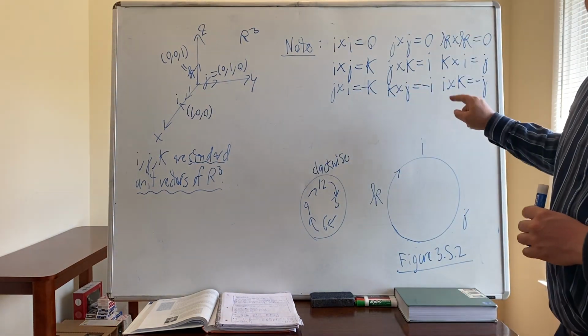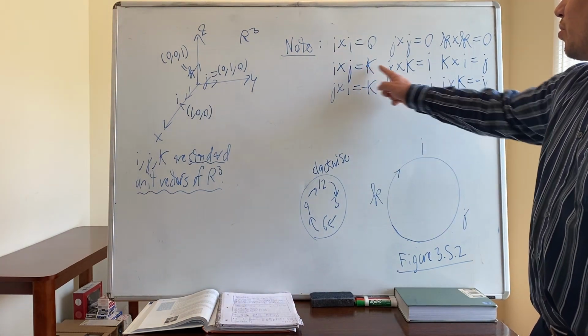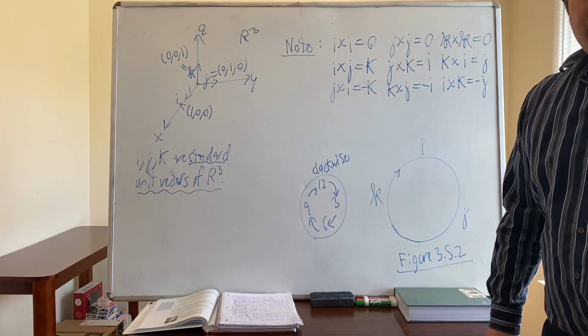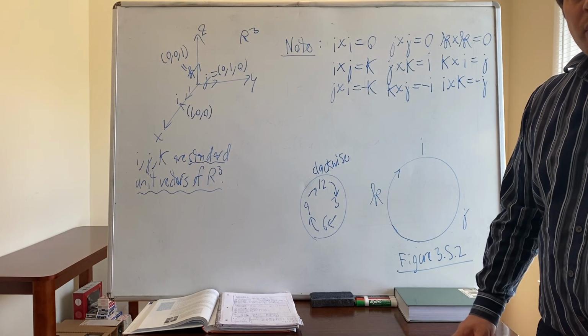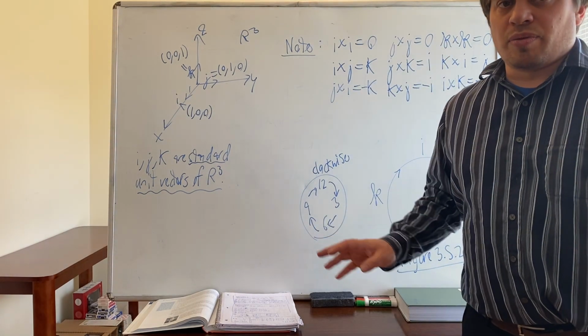But to use anti-commutativity, you might use the picture to remember these 3 first. Okay? And so the other way, just using the picture, you don't have to have these 3 equations in order to remember it.